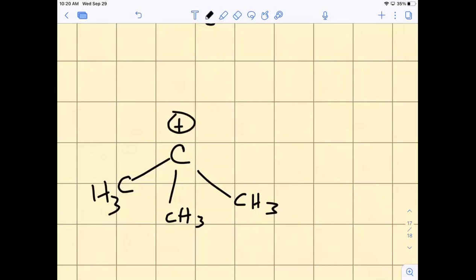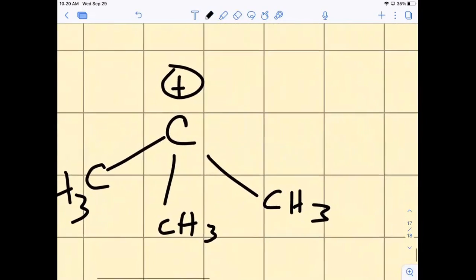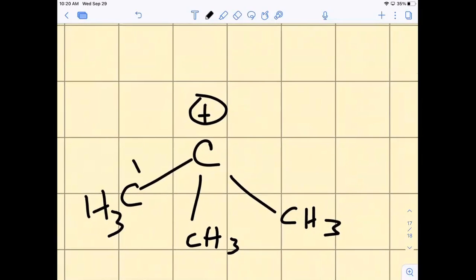Remember we talked about how this is stabilized by these little dipoles from the carbon-carbon bonds all feeding into the plus charge through induction, or the term I gave was hyperconjugation.